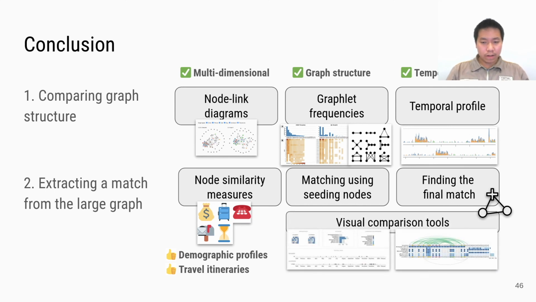Based on this finding, we developed a tool to manually compose a match for the template graph. Finally, we show that our approach for the first 2 tasks can be combined to identify the suspicious group in the large network. We thank the committee chair and reviewer for the award to this work, and thank you very much for your attention.